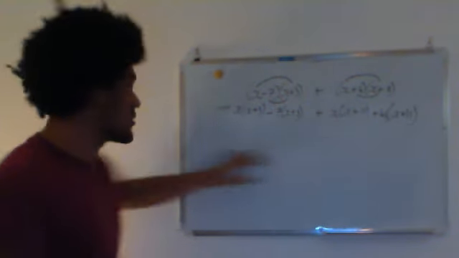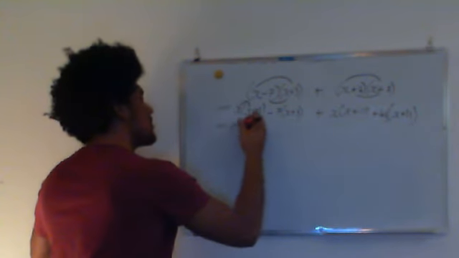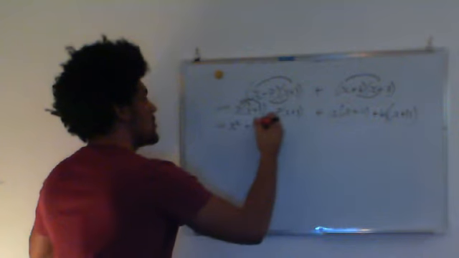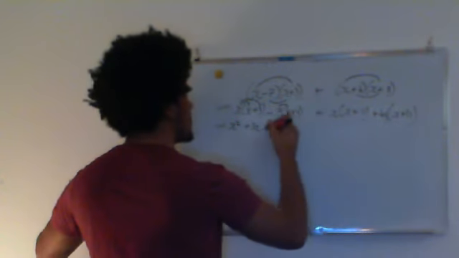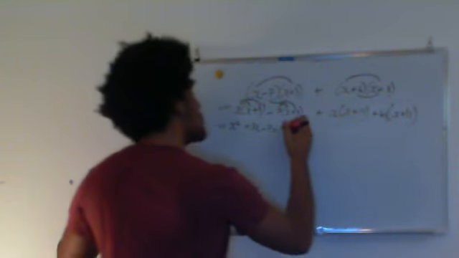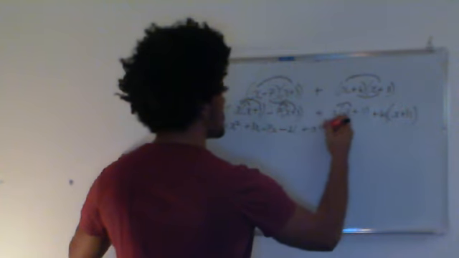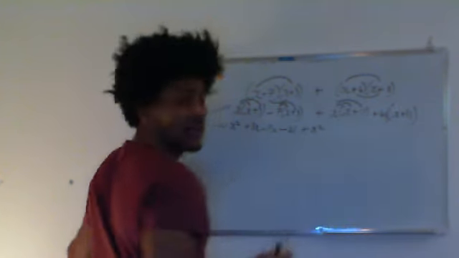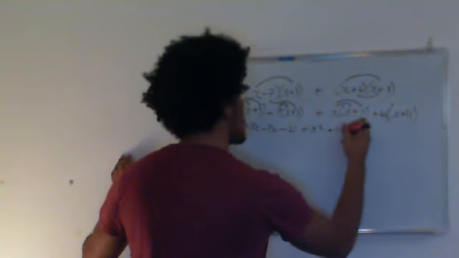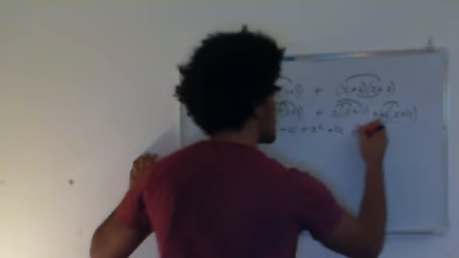Expand again, so x times by x is x squared, 3x, minus 7 times by x is minus 7x, minus 7 times by 3, minus 21, x times by x is x squared, x times by 11 is 11x, 4 times by x is 4x, and 4 times by 11 is 44.